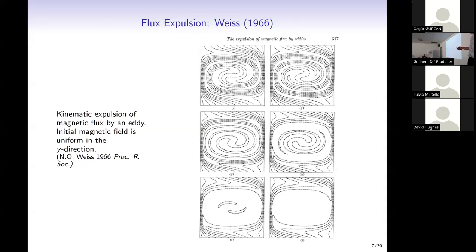Of course, graphics in 1966 was not as snazzy as it is now. But you can see they're wound up and then they reconnect until there is no field left at the bottom. This is called flux expulsion. We're going to need to understand this to understand the dynamical consequences.